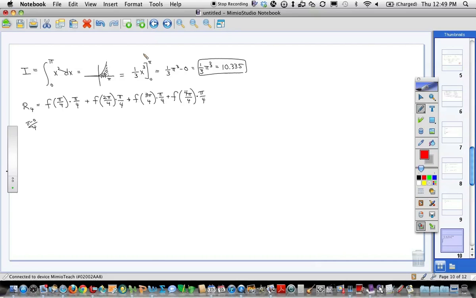But I want you to take pi fourths squared times pi fourths, plus 2 pi fourths squared. Now, if you want to do pi halves there, that's okay. It makes it easier to type in.